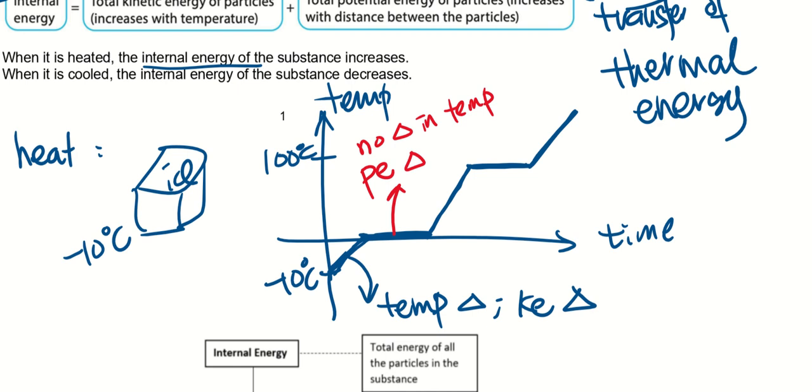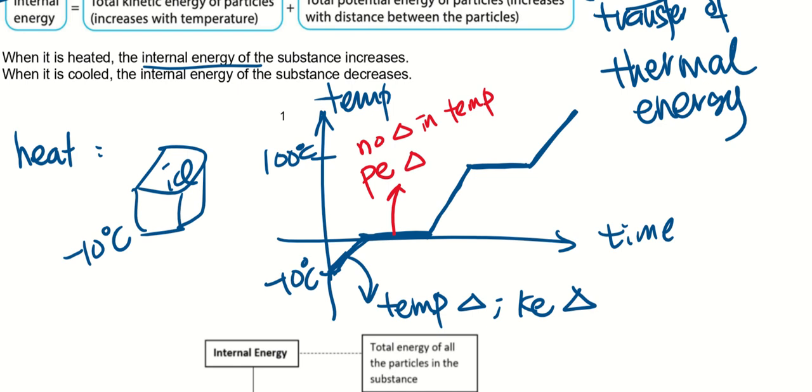When I heat up something, not necessarily the KE will change, and not necessarily the PE will change, but the internal energy, which is the sum of KE and PE, will change. Y'all got this? When I heat up something, what will definitely change: IE, KE, or PE? IE. And your IE depends on what is happening to the object.